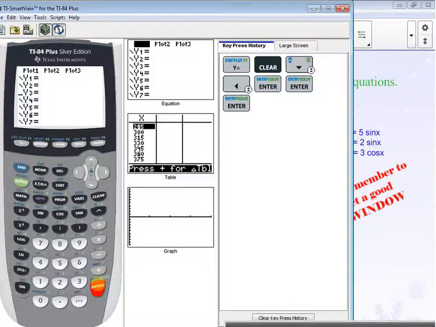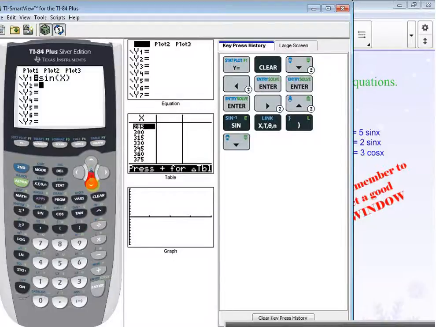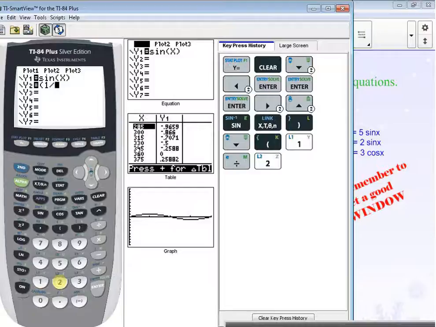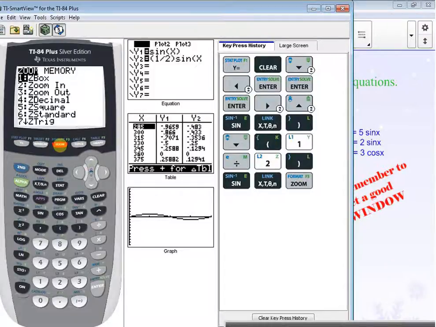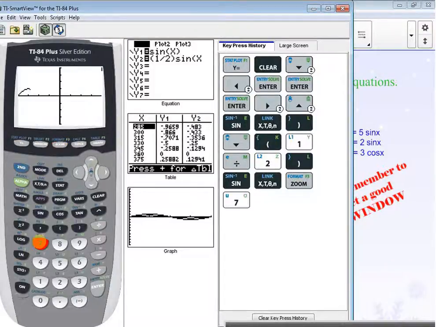So let's put in sine x, and then 0.5 or 1 divided by 2 sine x. And we'll just go to zoom trig just to get an idea of what it looks like. So there's sine.